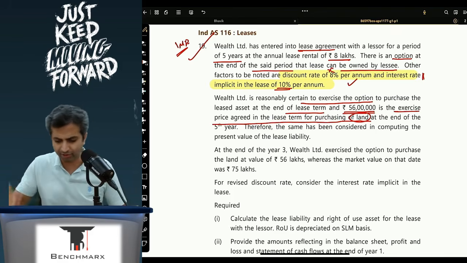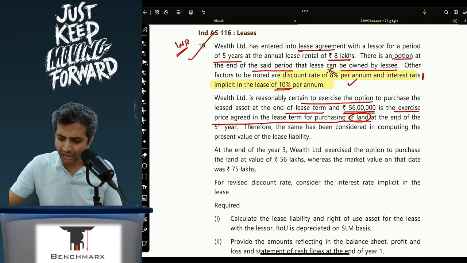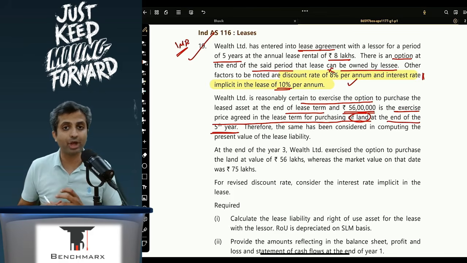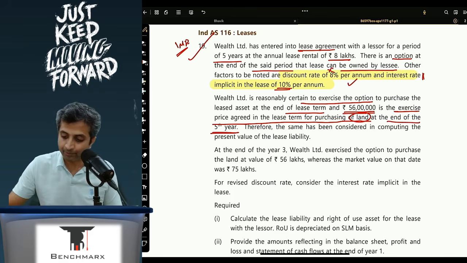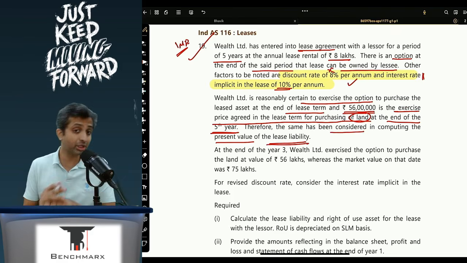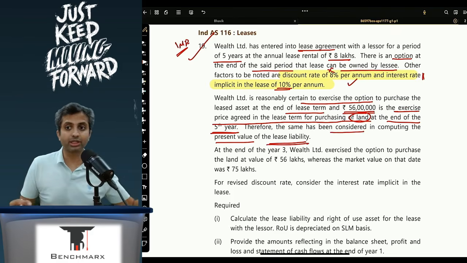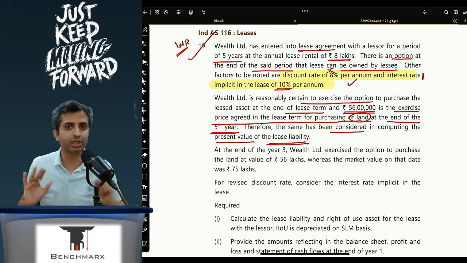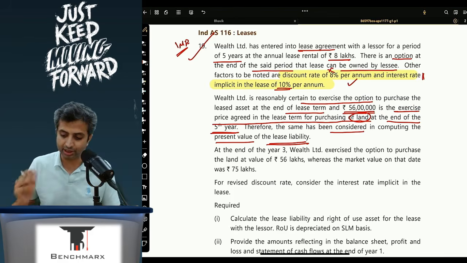Land was not given earlier, it is given over here, at the end of the 5th year. So what is the amount that you have to pay? Sir, 56 lakhs. Therefore, the same has been considered in computing the present value of the lease liability. Should it be considered? Yes. Even if it was not given, if there's a purchase option which is reasonably likely to be exercised, you will consider that, and I think they've told you that it is considered.